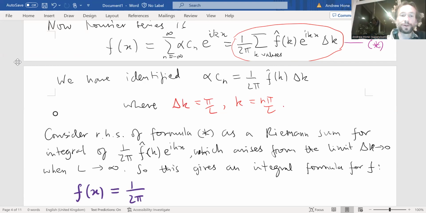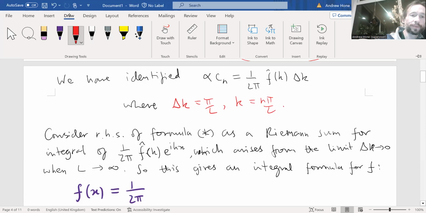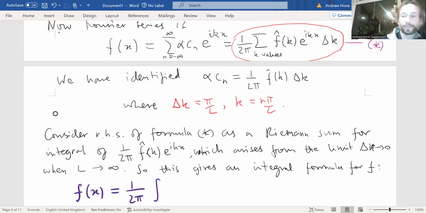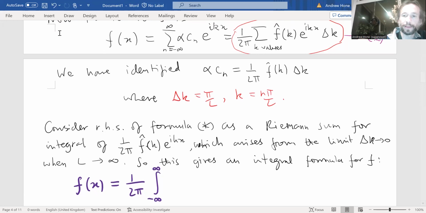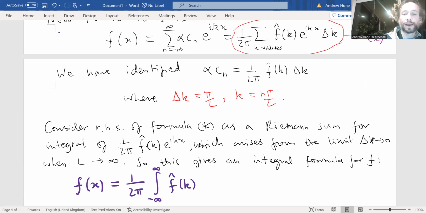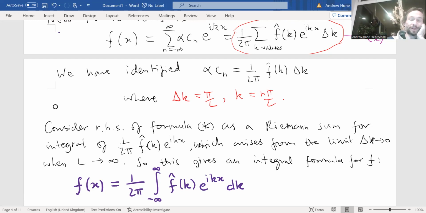So what that becomes is an integral over the whole k axis, from minus infinity to infinity. Then I've got f hat of k times e to the ikx, and then delta k becomes dk. That's how you go from a Riemann sum to a Riemann integral.